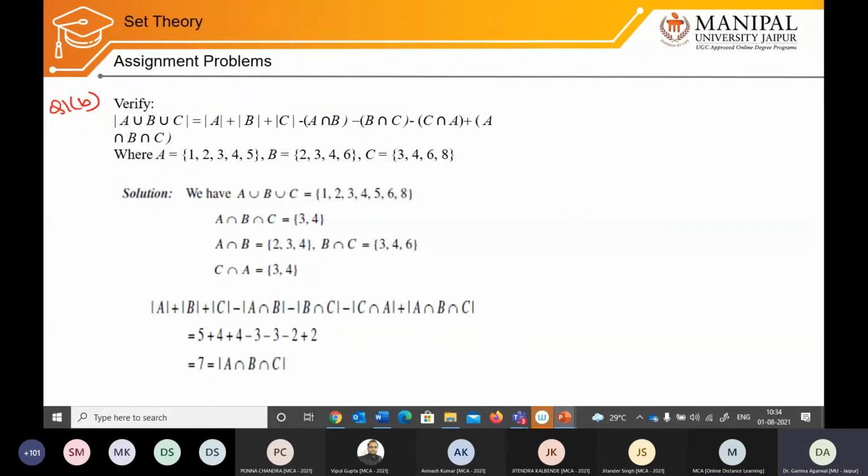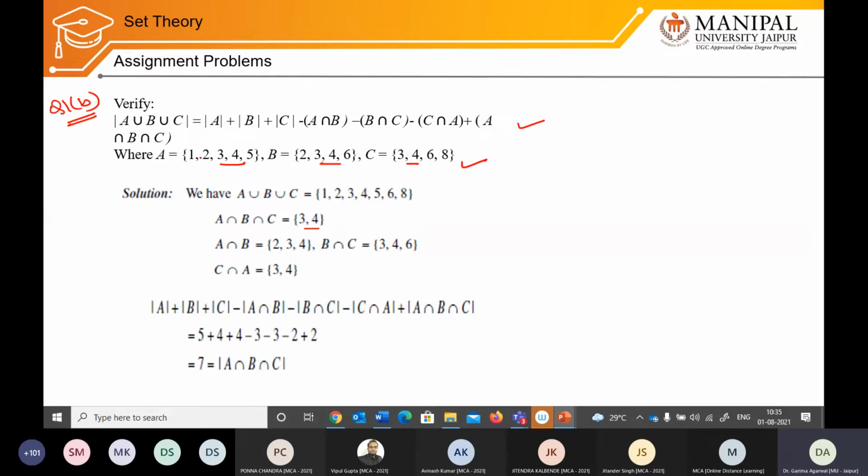Now in the second part of this question, this is first B, we need to verify that A union B union C is equal to this term, where the sets A, B, C are already defined. So we can easily find the value of A union B union C, that is 1, 2, 3, 4, 5, 6 and 8. This is A union B union C. Similarly, the intersection is the common value, that is 3, 4, 3, 4 and 3, 4, right?